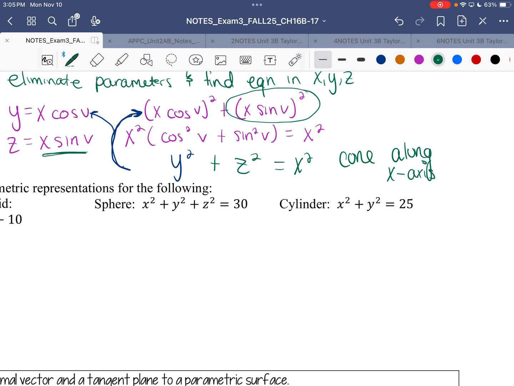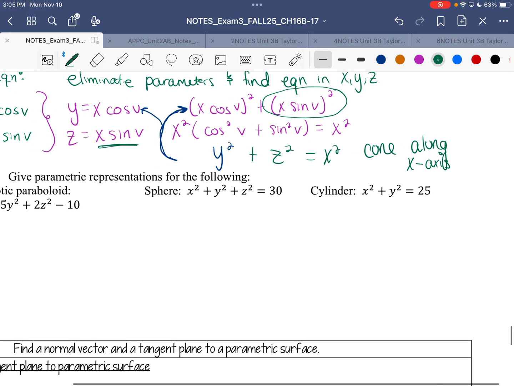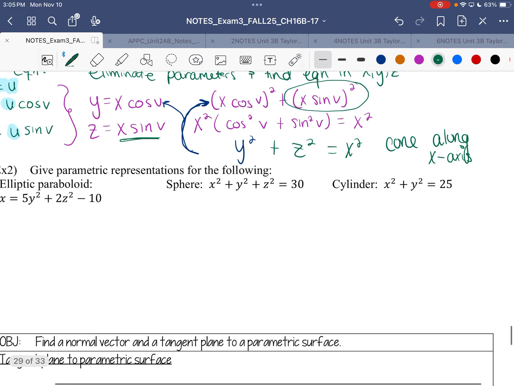This is a cone, and it's a cone opening in the x because the x squared was the thing isolated. So that's one way to go from 2 variables to 3 variables. Now we can also go from 3 variables to 2 variables.